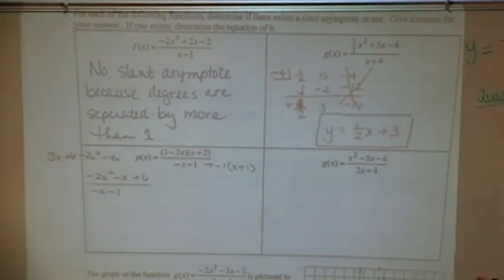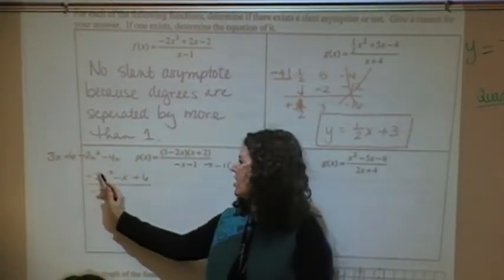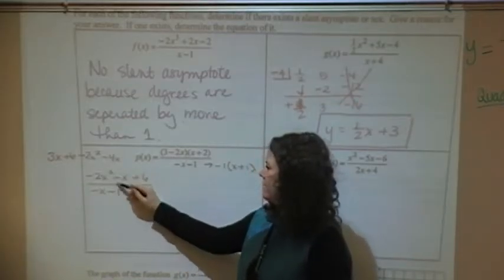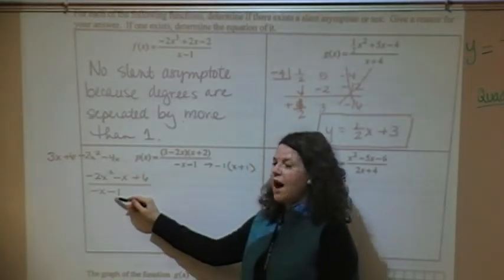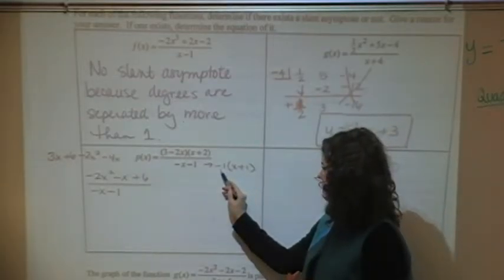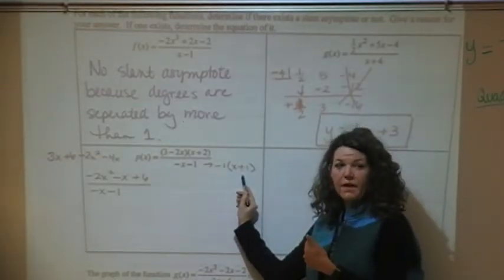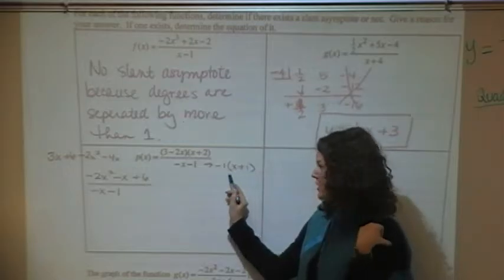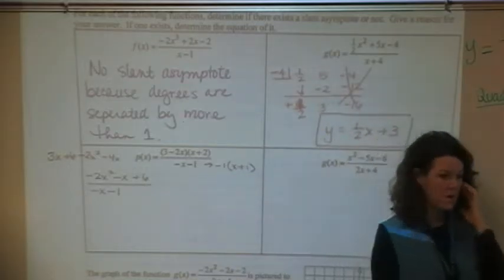Okay, so when I multiplied this out, I got all that, put it in order. This is what my fractional expression looks like. I went ahead and did this so that I'd know what to put in the box. I factored out a -1. That gave me x plus 1, which means when I finish, I'm going to have to divide by -1.